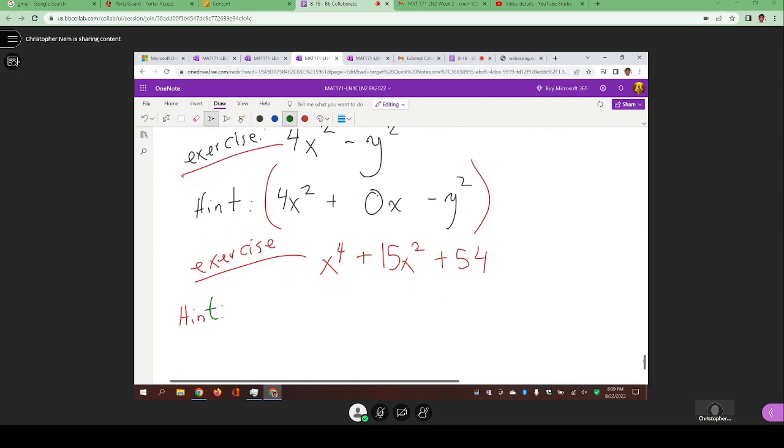The hint I'm going to give you is treat this like a trinomial. It is a trinomial, but treat it like a trinomial guess and check. Treat it like the guess and check, and then you'll see something. The only thing you've got to really worry about is these exponents. They're a bit different, but you guys can figure that out.